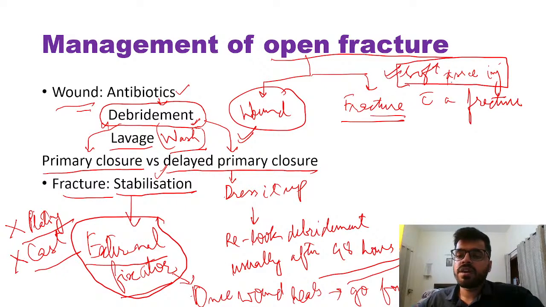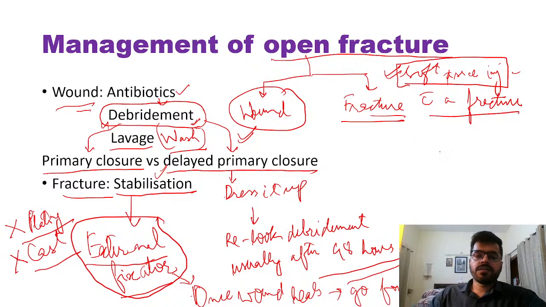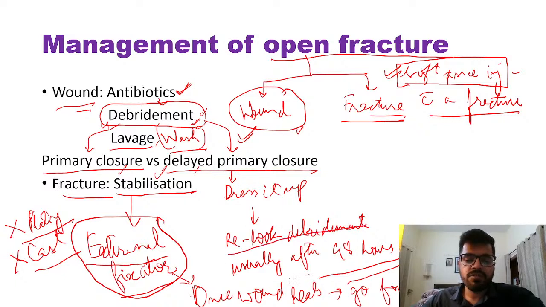That's how it is defined: soft tissue injury with a fracture. That is an open fracture. Wound healing is the primary aim. So we start broad spectrum empirical antibiotics initially. We don't know the causative agent, and we go for debridement and lavage. Then depending on the adequacy of debridement, maybe primary closure, maybe a delayed primary with a relook debridement after 48 hours.